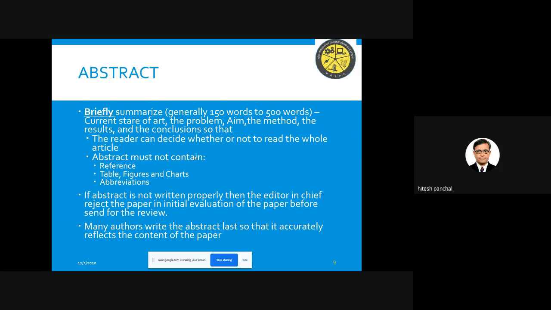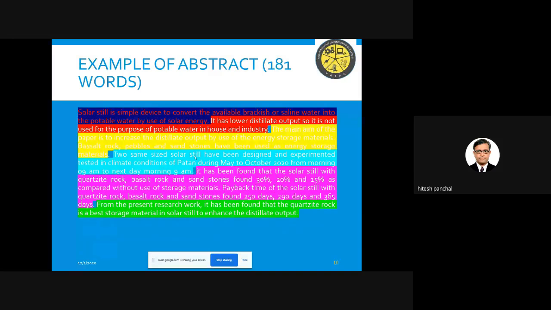Here I have put one simple example of an abstract for you. It is not from my research article, but I have put the words together haphazardly for your knowledge. You can see that the abstract contains 181 words, so it is between 150 and 500, which is good for me.